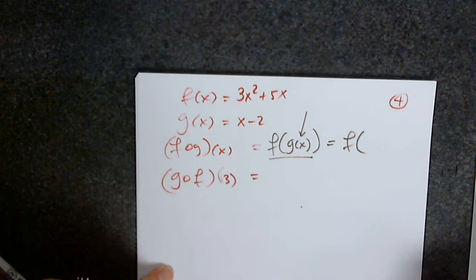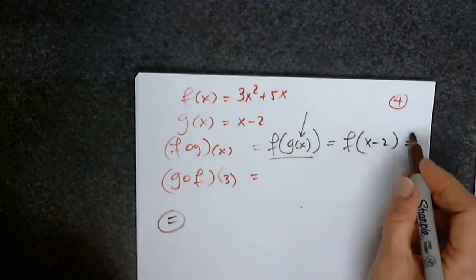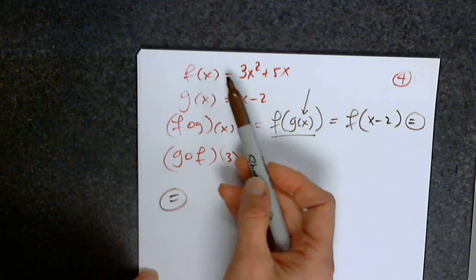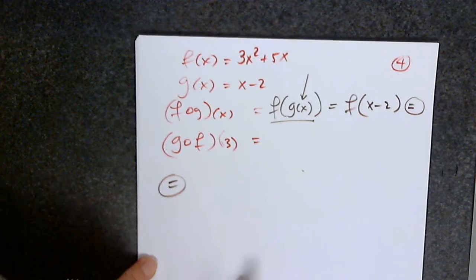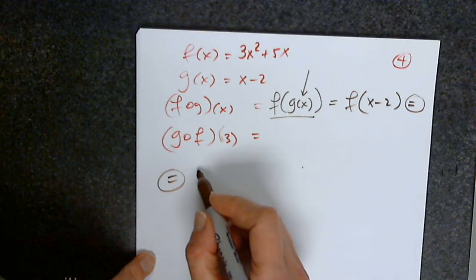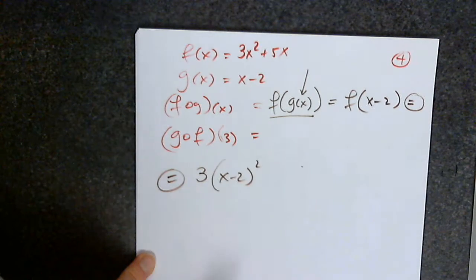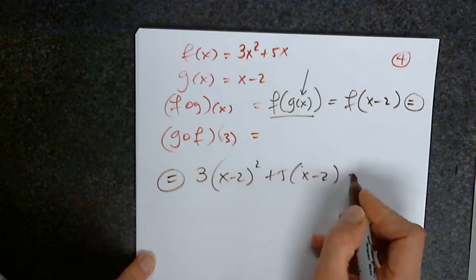What does g of x equal? X minus 2. Correct. So then I have f. F says f of blah is 3 blah squared plus 5 times blah. So what do I write? 3 times x minus 2 squared plus 5 times x minus 2. Awesome.